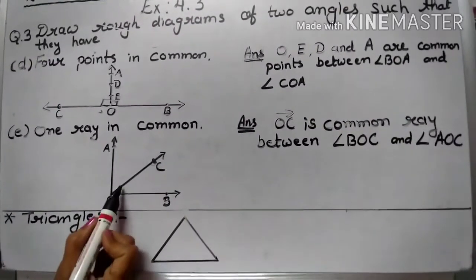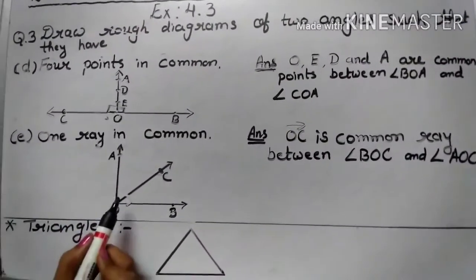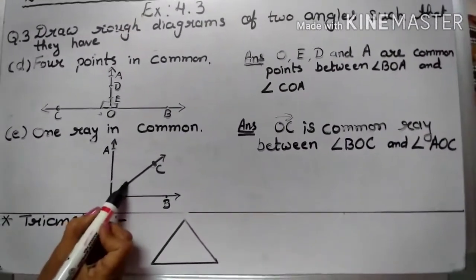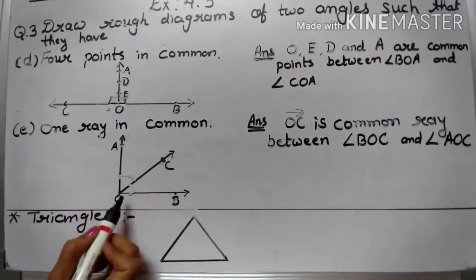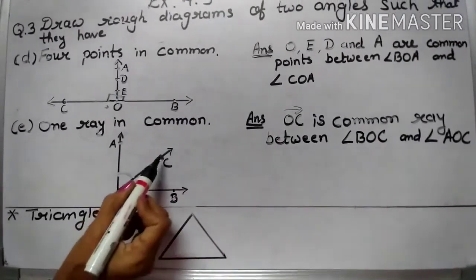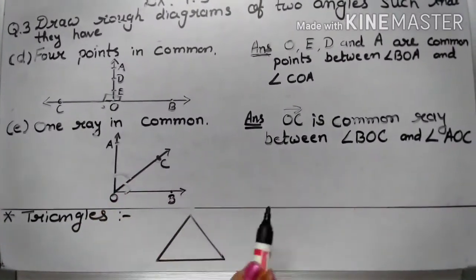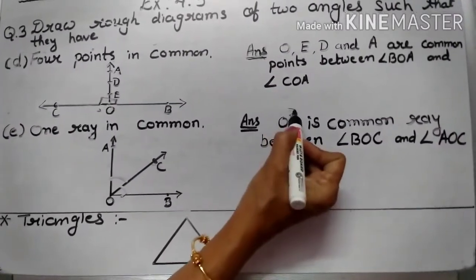Yes. Here is one angle BOC and this is your second angle, that is AOC. Both these angles have common ray OC. Children, don't forget to put the symbol of ray.